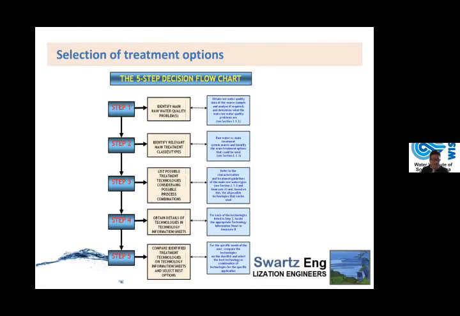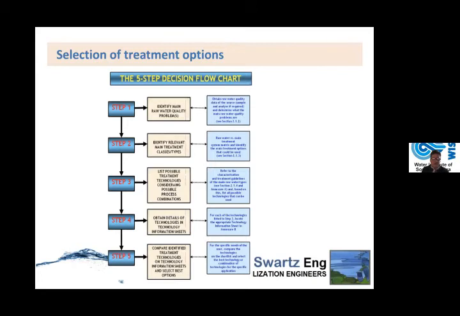In step 4, you look at the technology information sheets. There, for each technology, it tells you things like what the maintenance requirements are, what the operational requirements are, how complex it is, what the effect is on the public community interaction, and then very important, obviously, cost as well.